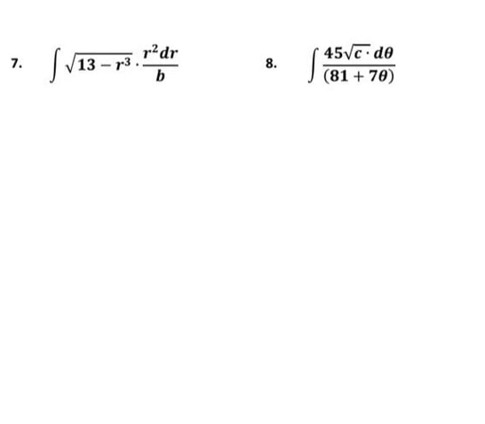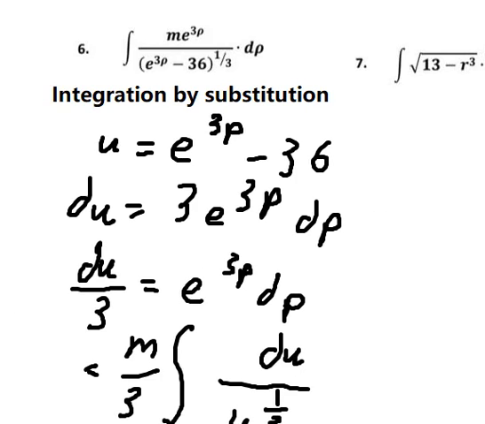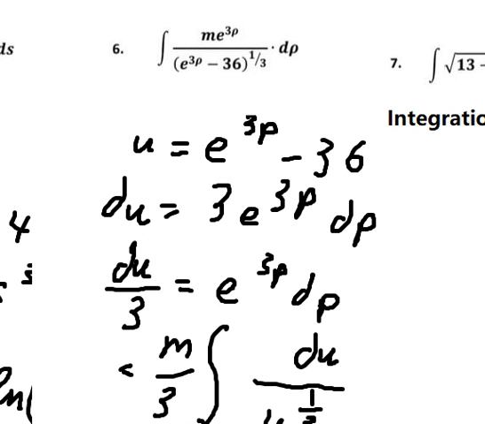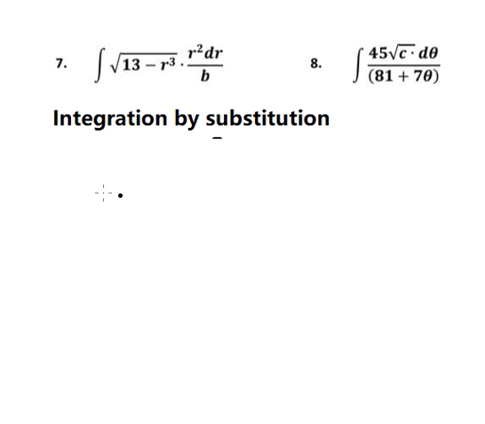Now let's go to the next one. We can use the same. For this one, I will put u equals the square root of 13 minus r to the power of 3.